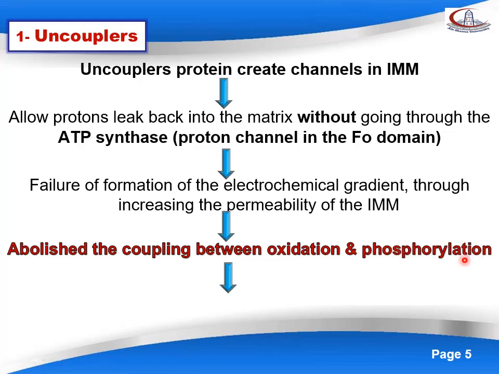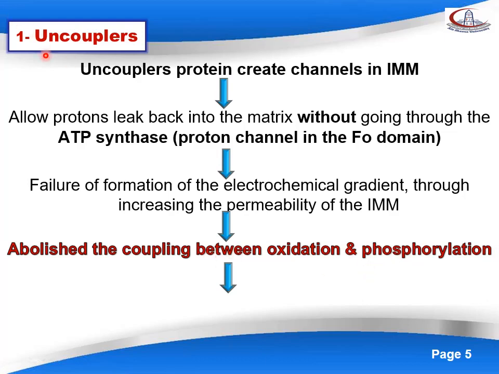However, we do not stimulate this enzyme, because it is stimulated by the passage of protons through the F0 channel. But the protons have another route, so I am not activating complex 5. It is still working, but it is not stimulated.